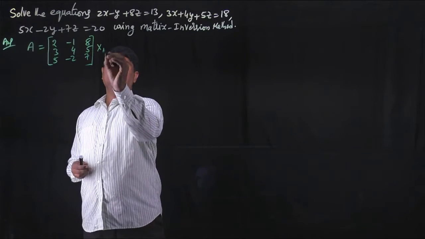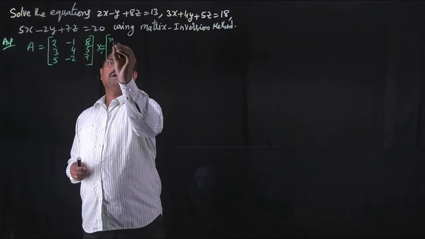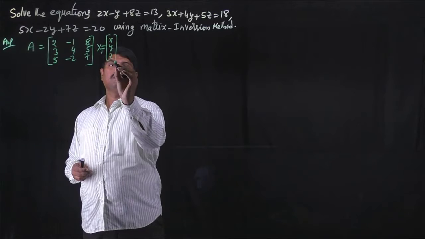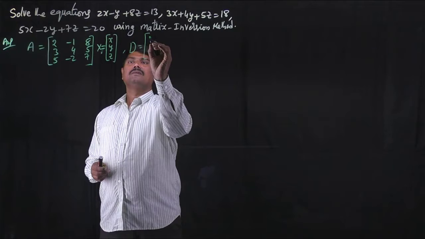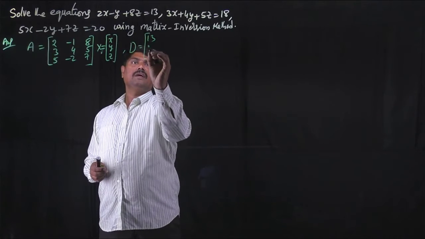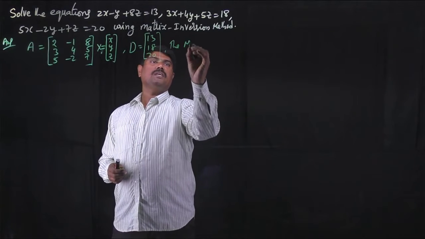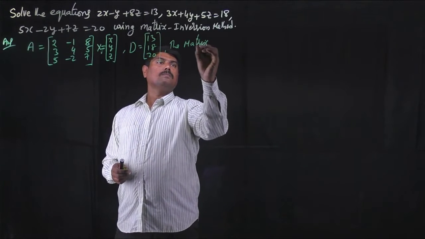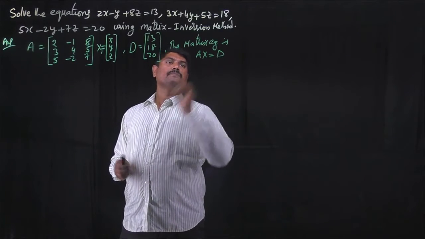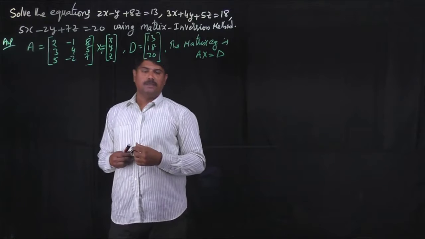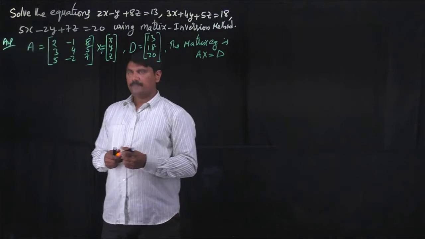The variable matrix X is given by X, Y, Z. The constant matrix D is given by 13, 18, 20. The matrix equation is AX equal to D. That is how we construct the matrices which satisfy the equation AX equal to D.